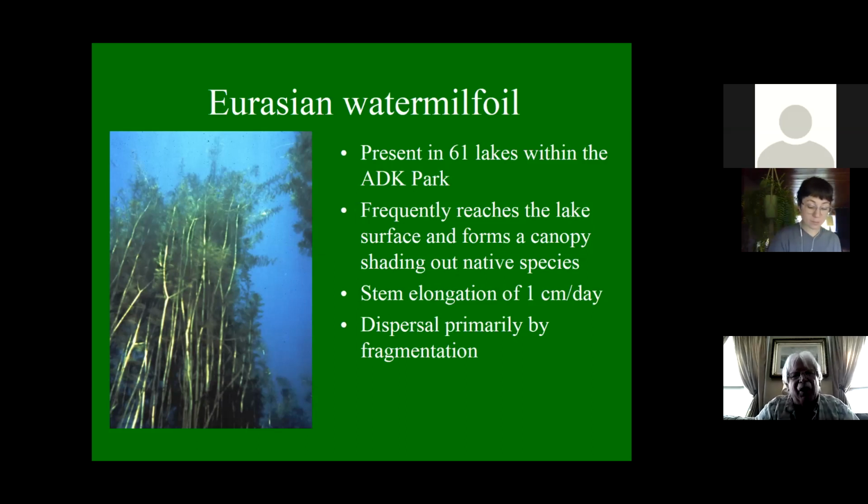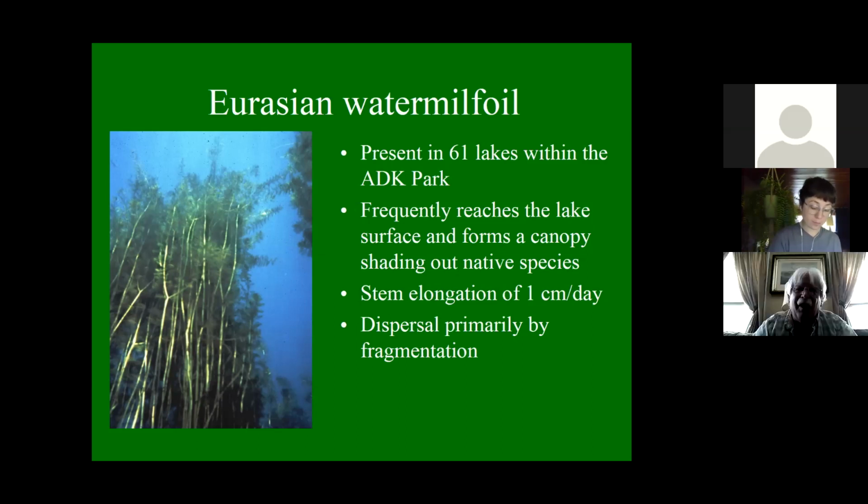As Aaron was talking about different ways that plants spread themselves around, Eurasian watermilfoil is dispersed primarily by fragmentation. That is, breaking off of small pieces of plant stem. These stem pieces will drift around for a bit. They often will even produce roots right on those stems, and we call them adventitious roots.